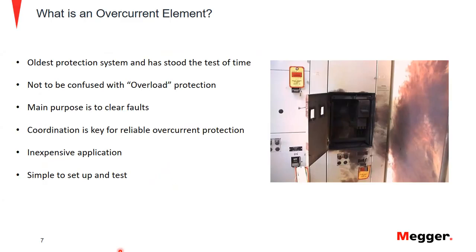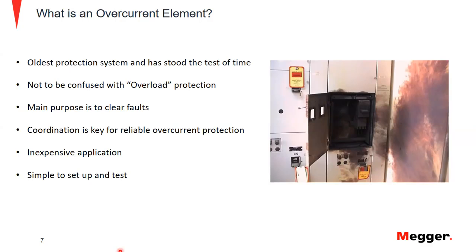Overload protection is a running overcurrent that would cause overheating of the protected equipment. So an overload is a type of overcurrent, but overload protection typically operates on an inverse time curve, where the tripping time becomes less as the current increases, and we will see that again in the future slides that we have here as well.